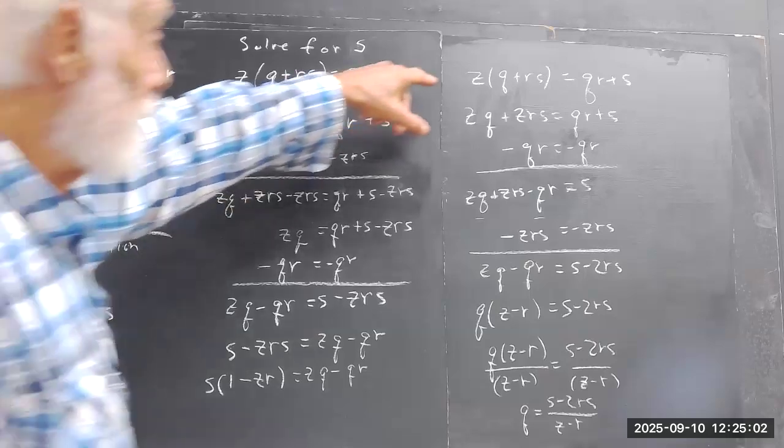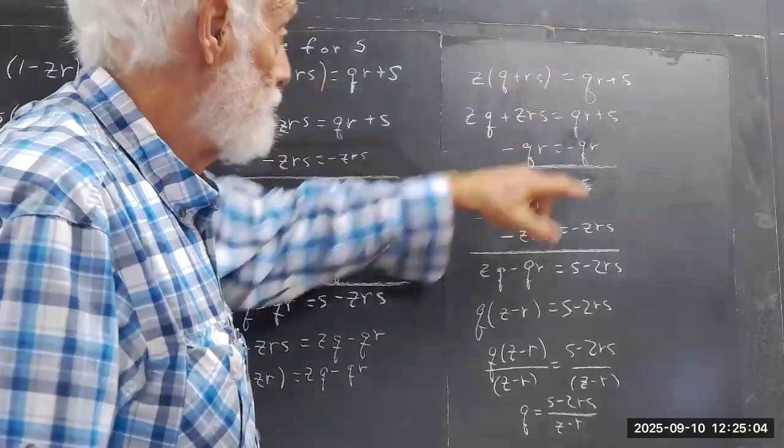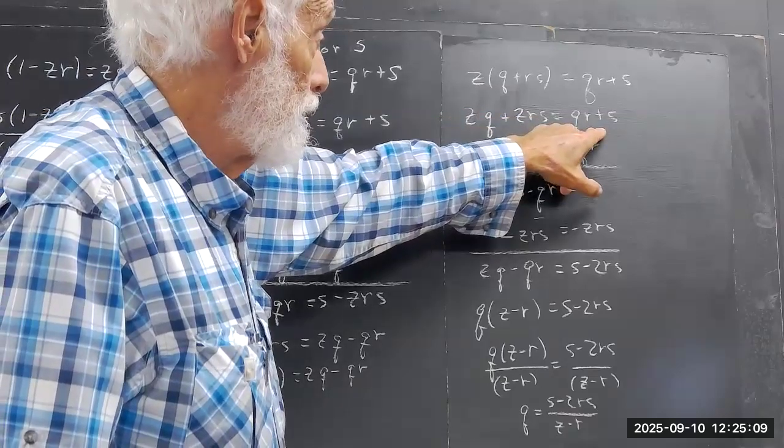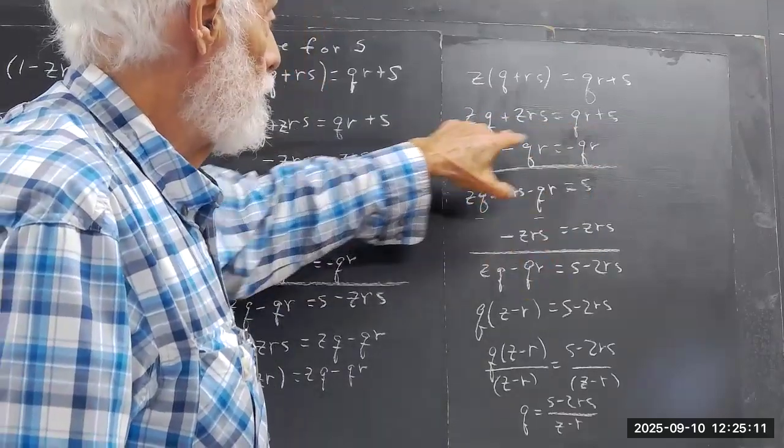Okay. Same equation, we're going to solve for Q. Here it is. We multiply through by the Q and we get this. And now we want to get all the Q's on one side.